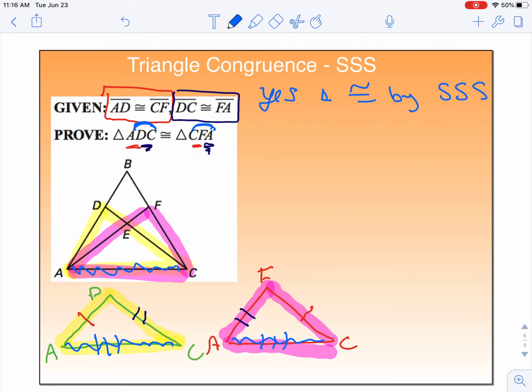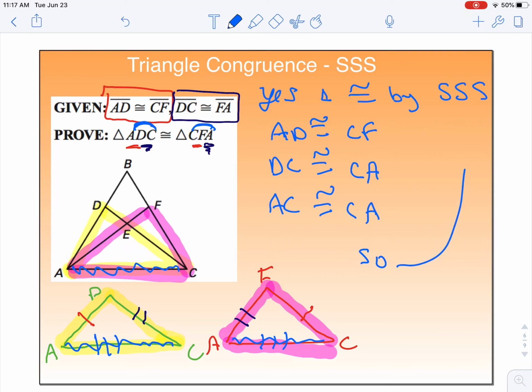So I just walked through and explained it to you. What we're going to start to work on is we're going to actually start to prove that they are true by using the given statements, like the fact that AD is congruent to CF, and we see that DC is congruent to FA, and then we also showed that AC was congruent to CA, and so we can say this statement right here.